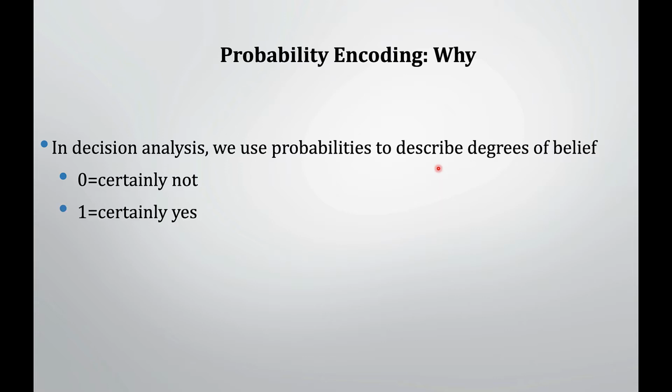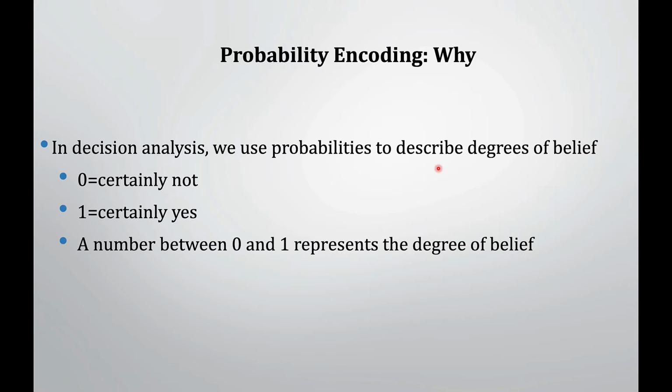And when we say something happens with a probability equal to 1, we are expressing our belief that the event is going to happen for sure, for certain. Anything in between 0 and 1 just represents a degree of belief.